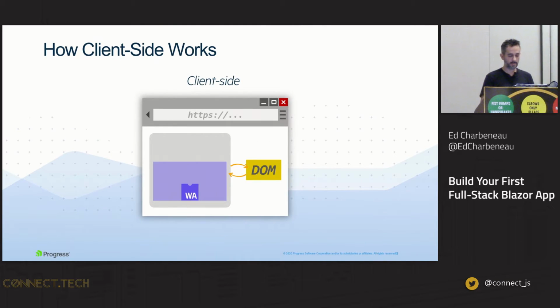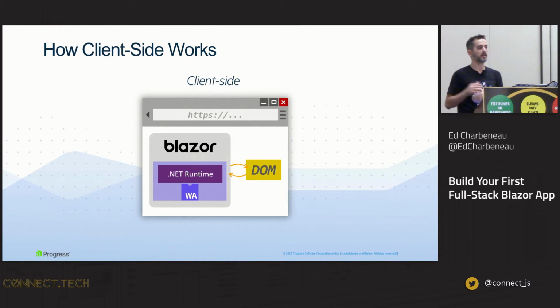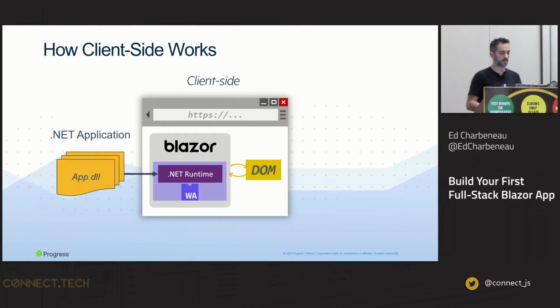So they've compiled the .NET framework to run in the browser using WebAssembly, and then Blazor sits atop that .NET runtime. So when we write our normal .NET DLL files, we can run those directly in the browser. And this means that things that you've written previous to Blazor, things like business logic, for example, stuff that doesn't interact with UI or access disk, so normal business logic behaviors, you can use those in Blazor even though you've written them before Blazor existed.